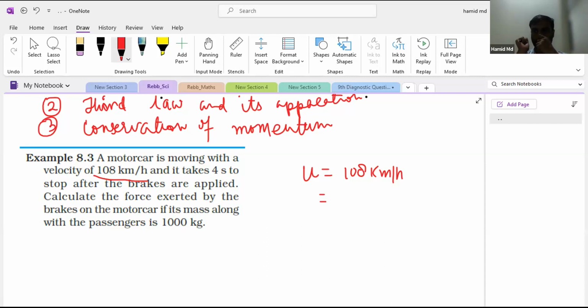So 36 meter per second. Comes out 36 meter per second. No, I don't think so. 108, right? So then it will become 108 into 1,000 meters by 3,600 seconds, in 1 kilometer is 1,000 meter, right?